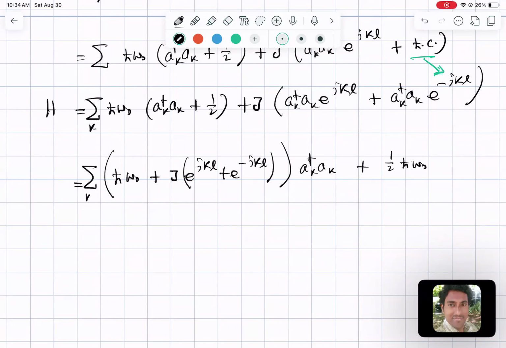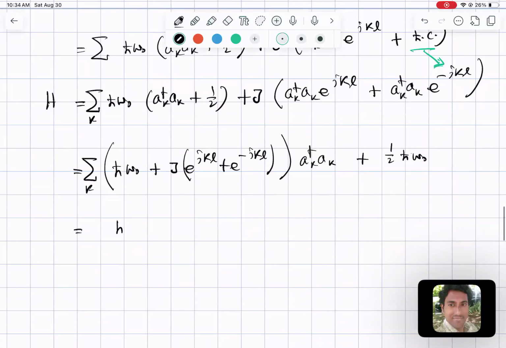Sum over K. Okay, because a dagger a is a common factor, and here, we call this h of K, or let's call it small h, a dagger a plus half h bar omega naught.